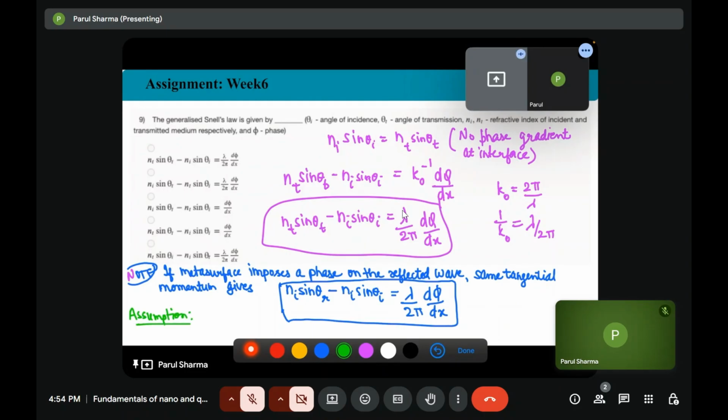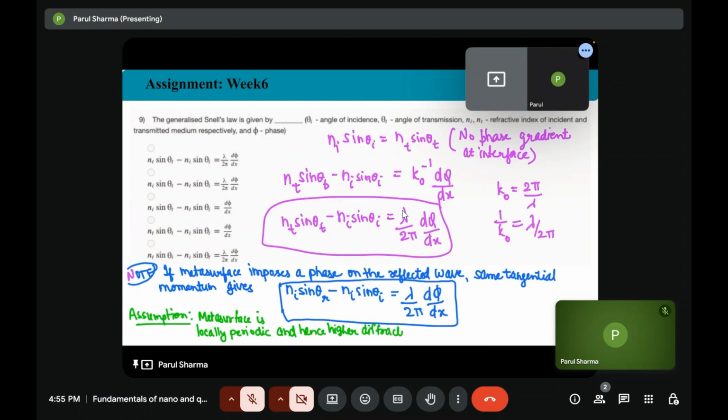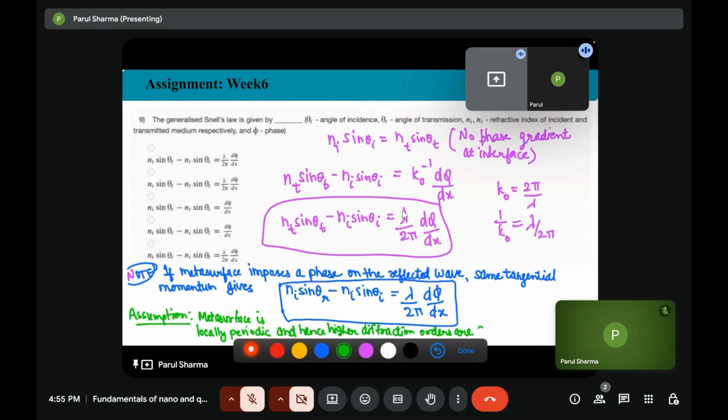higher diffraction orders are suppressed.